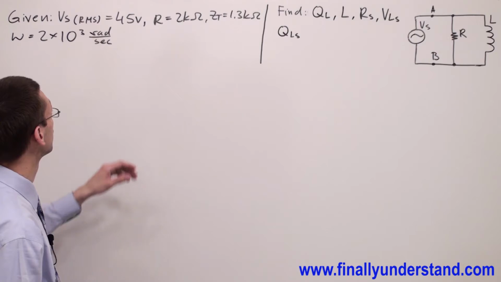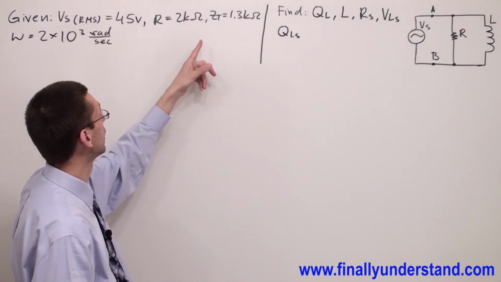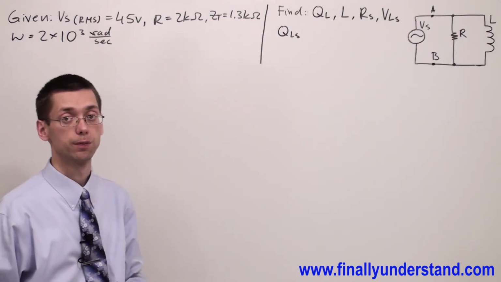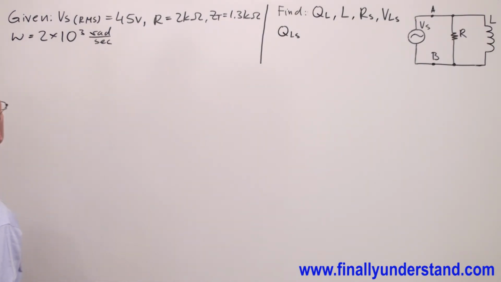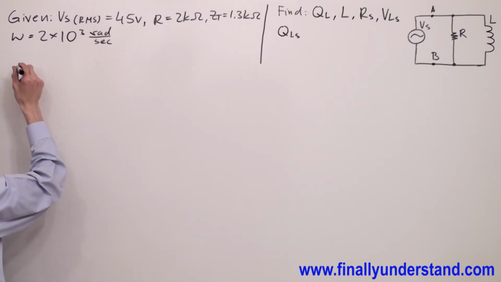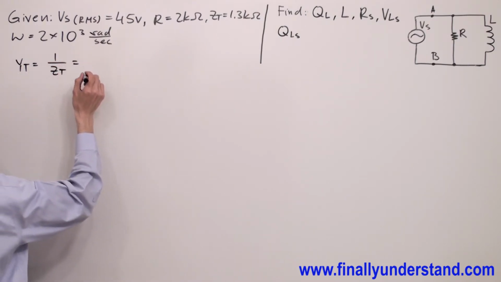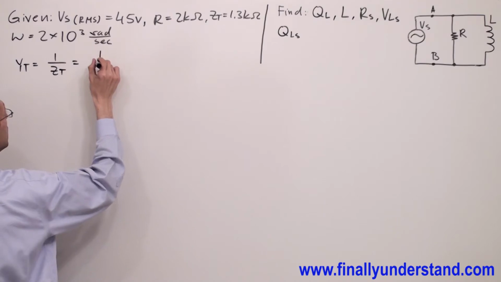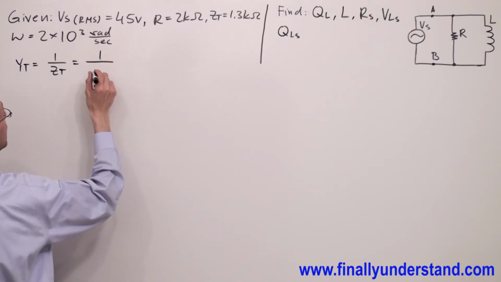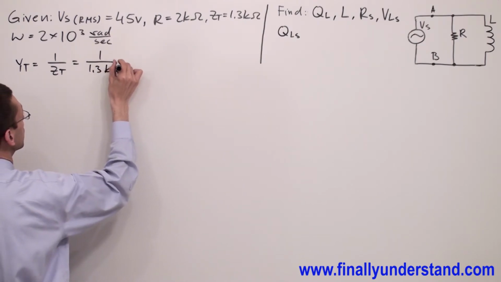We have given resistance, we have given total impedance, right? So what I'm going to do first, because I'm dealing with the parallel circuit, I'm going to find Y total, and I have Y total is equal 1 over Z total, which is equal 1 divided by 1.3 kilo ohms.